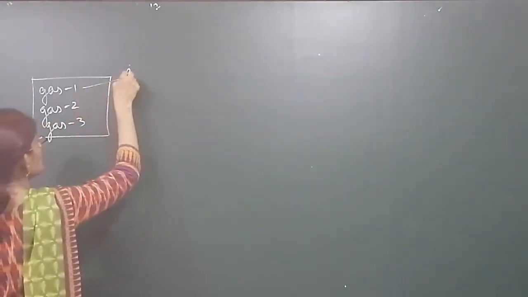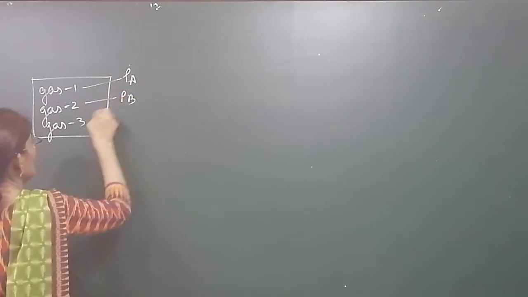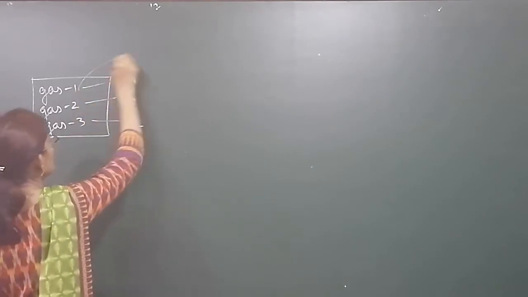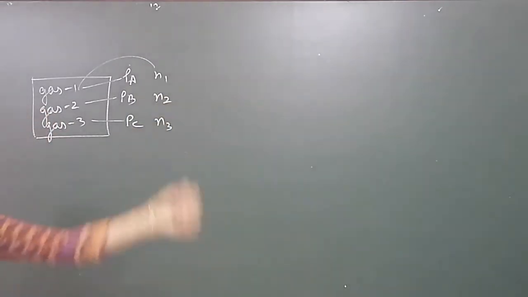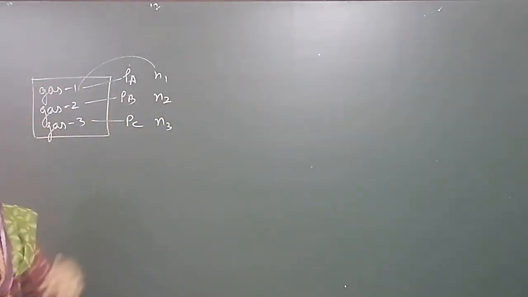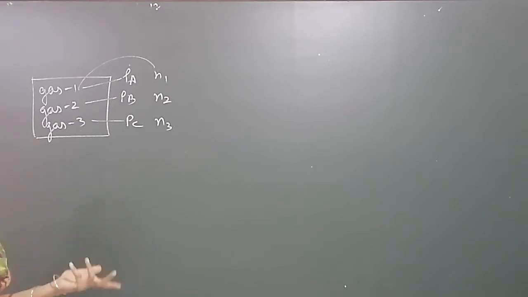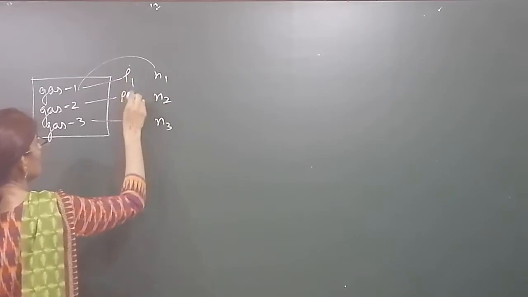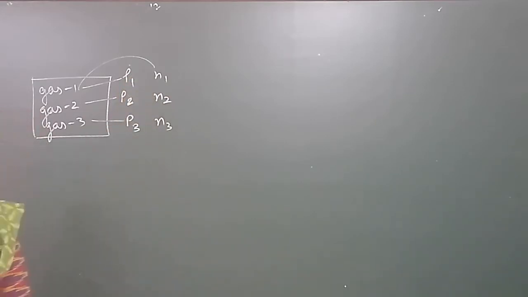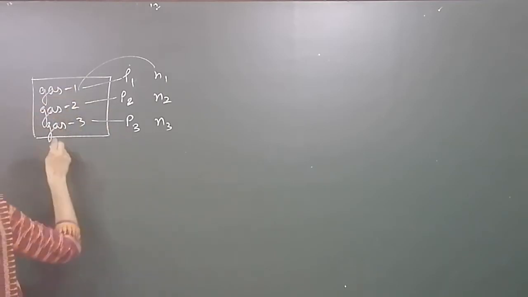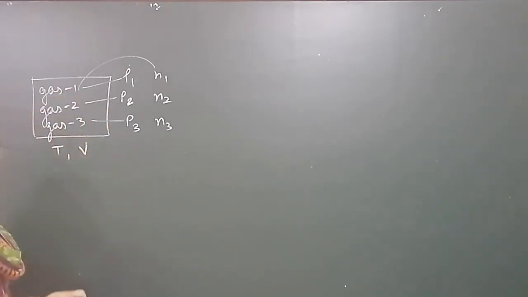Let their partial pressures be PA, PB, PC. Let their moles be N1, N2, N3. Whatever you have filled inside, let the moles be N1, N2, N3 and their partial pressures, suppose, P1, P2 and P3. Suppose the temperature of this container is T and the volume is V.